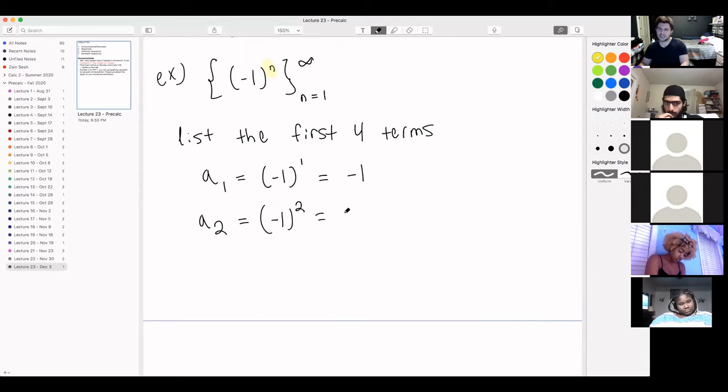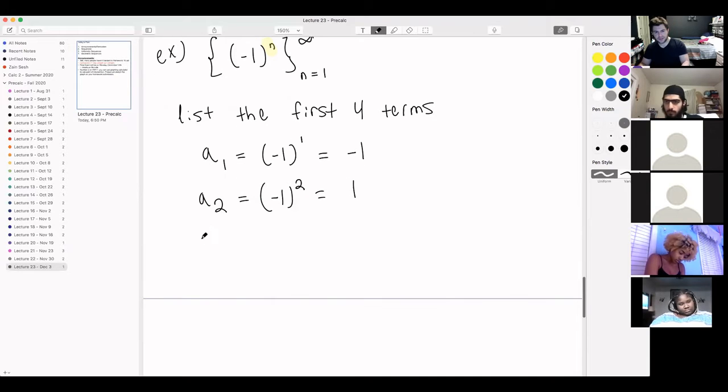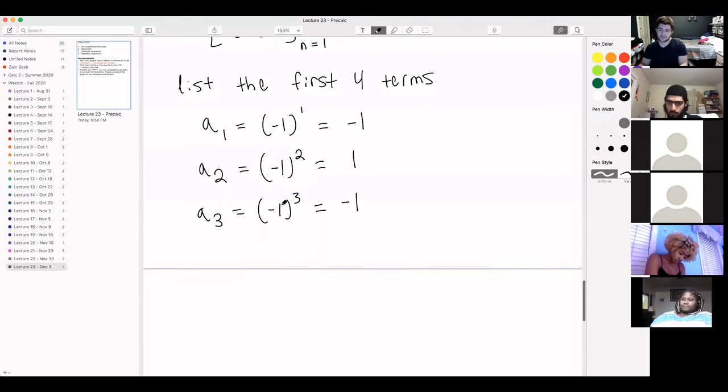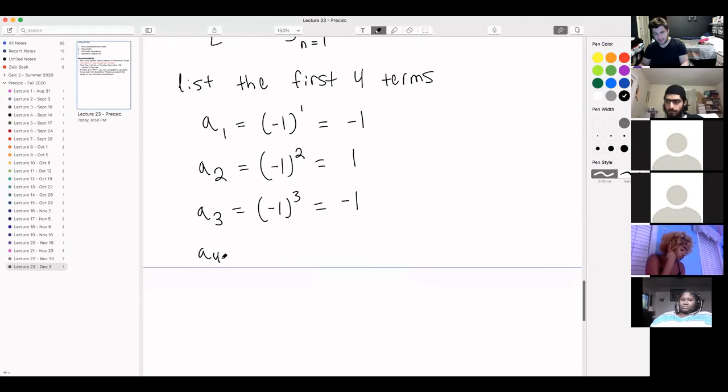Well, -1 to the second power is +1. A sub 3. That's plugging in n equals 3, so it's -1 to the third power, which is -1. Okay, a negative number raised to an odd power is still negative. And a sub 4. -1 to the fourth power, that will be +1.